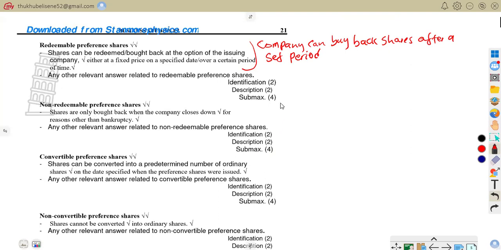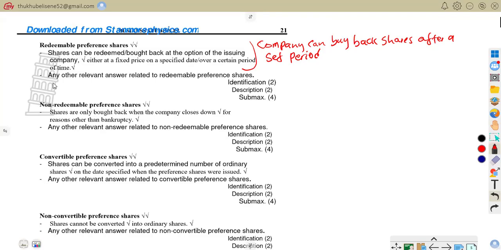For example, shares redeemed after 10 years at issue price. So they can be bought back. Shares can be redeemed or bought back at the option of the issuing company, either at a fixed price on a specified date or over a certain period of time. So it means the shares can be bought back.